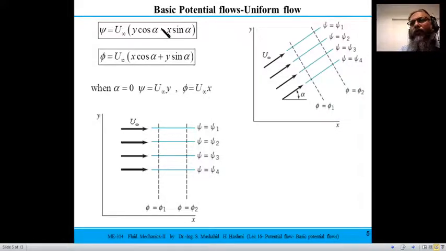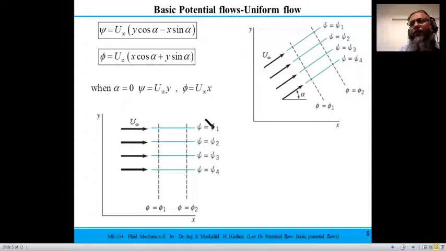It means cos of 0 is 1 and sine of 0 is 0. So my stream function would be simpler, u infinity times y. Similarly for the velocity potential, cos of 0 is 1, so it would be u infinity times x, and sine of 0 is 0. So you have simpler expressions for the stream function and velocity potential.